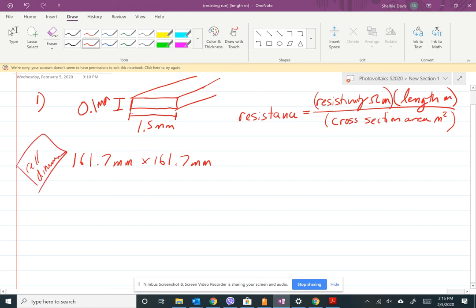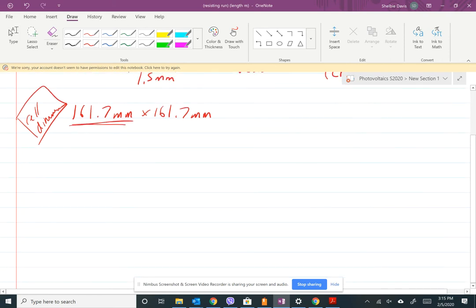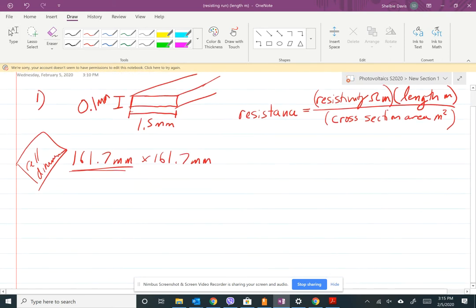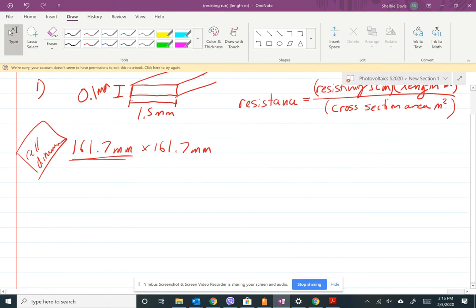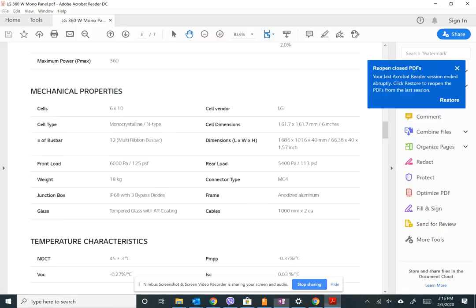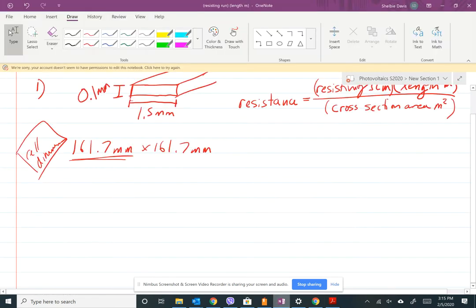Okay. But we only care about really just one of these because we just need to figure out how long this tabbing is. Okay, so how many cells do we have in this? We have 60 cells, 6 times 10, 60 cells in this panel. So we're just gonna say 60 cells per module.